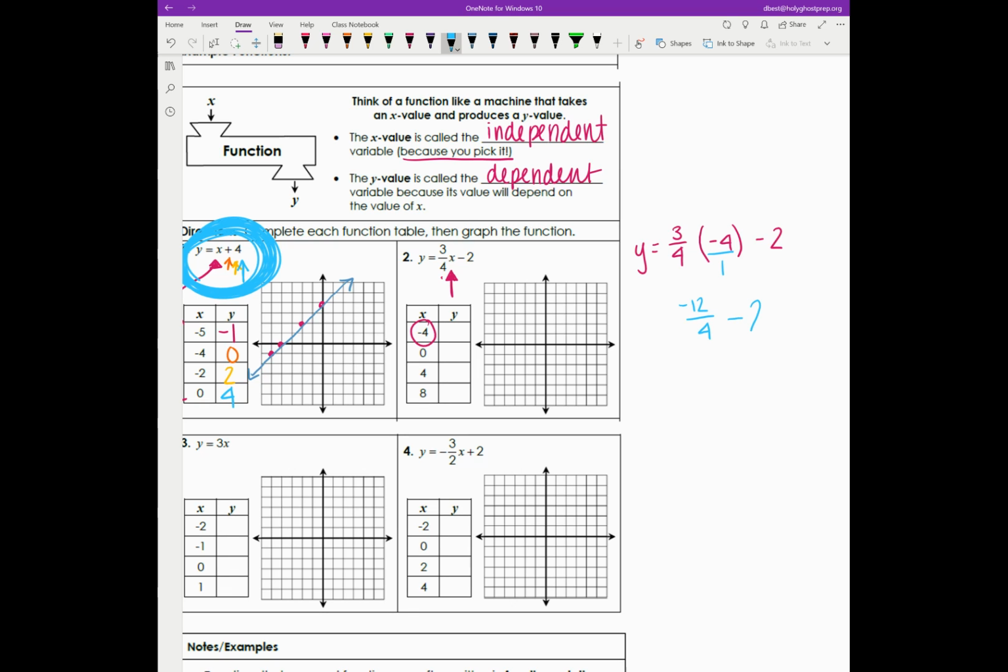I bring down my -2. -12 divided by 4 gets me -3 minus 2. This comes out to -5. Okay, my next x value is 0. I'm going to plug it into the same equation. So 3/4 times 0 minus 2 gets me 0 minus 2, or -2.